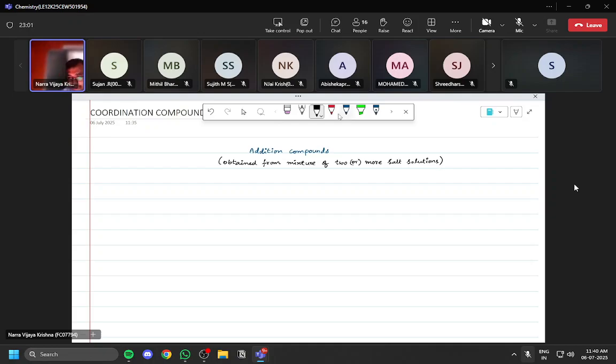Now, whatever product is obtained, I call it an addition product. These addition compounds are classified into two types.